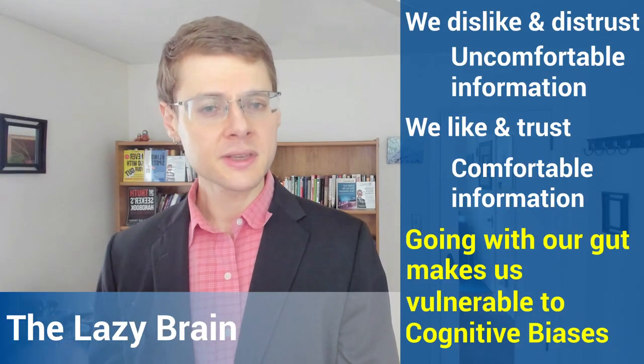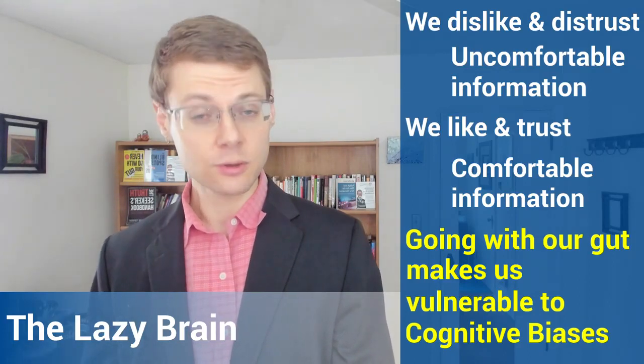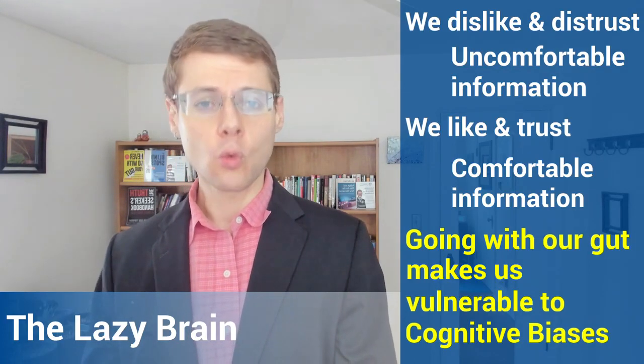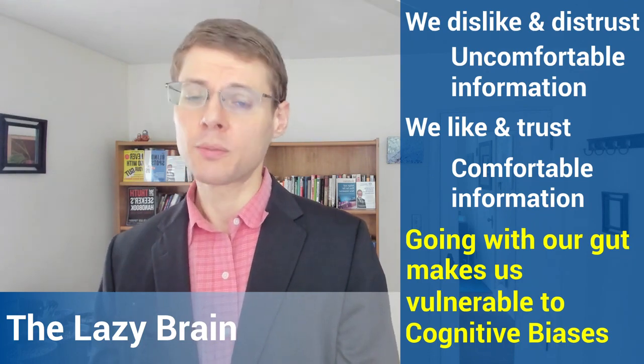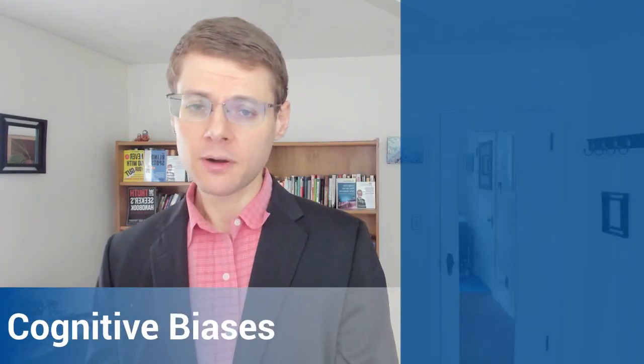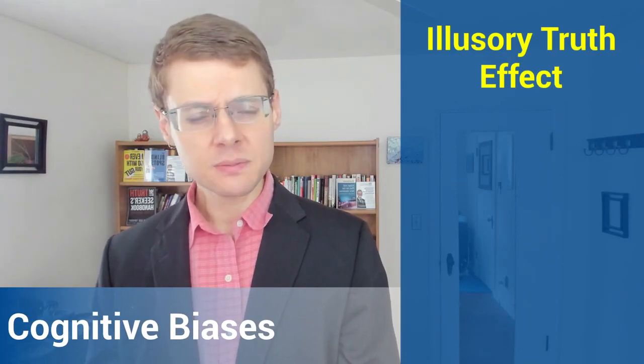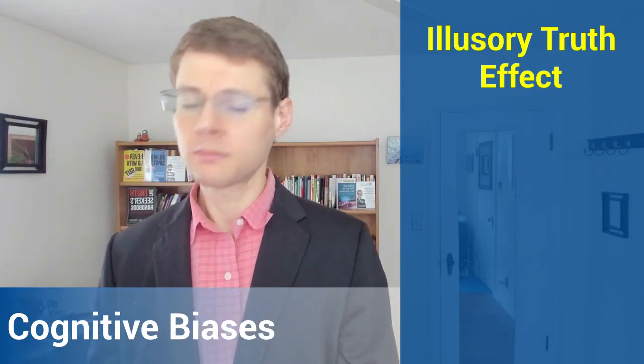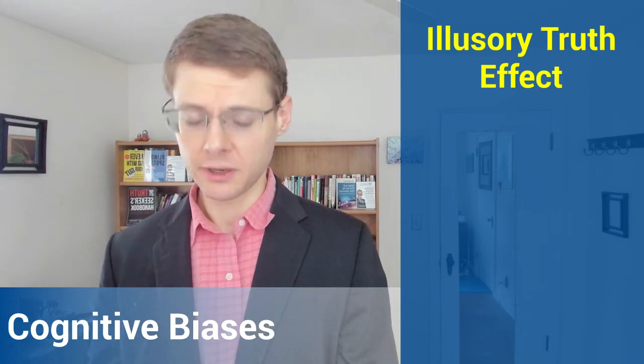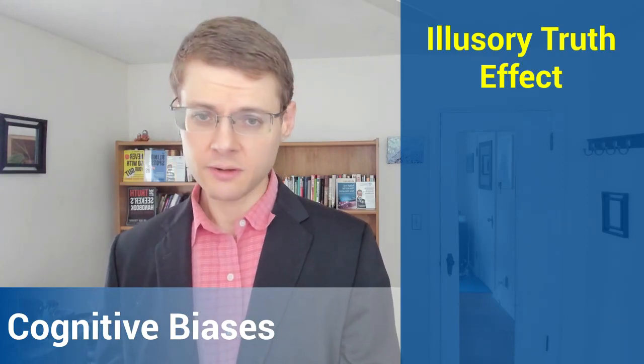Cognitive biases are the specific patterns that you can use to recognize when you're likely to fall for misinformation. There are specifically 3 cognitive biases I want to talk about that are especially important for addressing misinformation. There are over 100 cognitive biases out there.